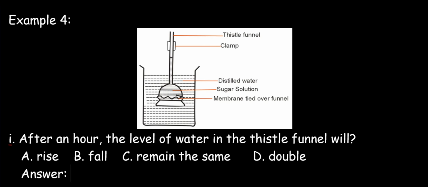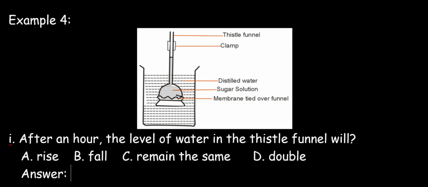This diagram is simply illustrating the process of osmosis, and osmosis is the movement of solvent, that is water, from a region of less solute concentration to a region of more solute concentration through a semi-permeable membrane.